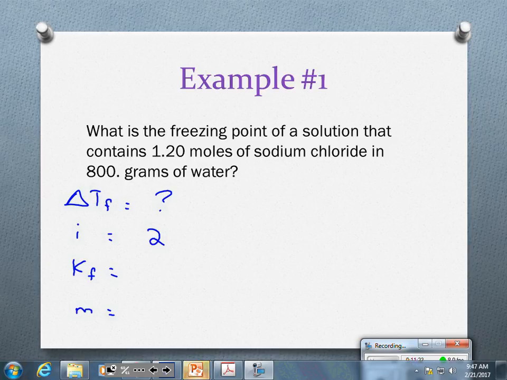Water is my solvent. So what is my freezing point constant for water? 1.86. My label is degrees Celsius per molal, correct?